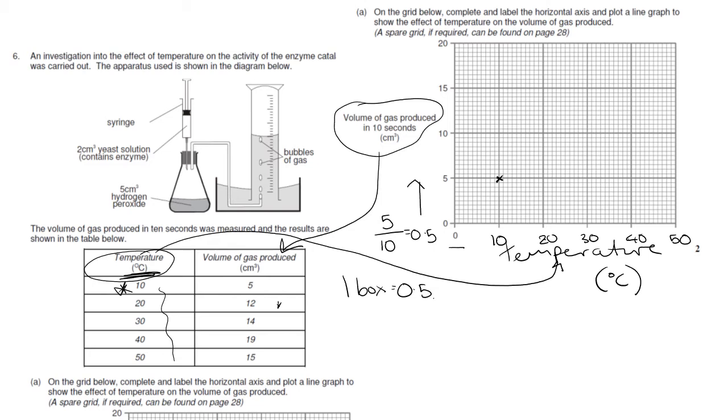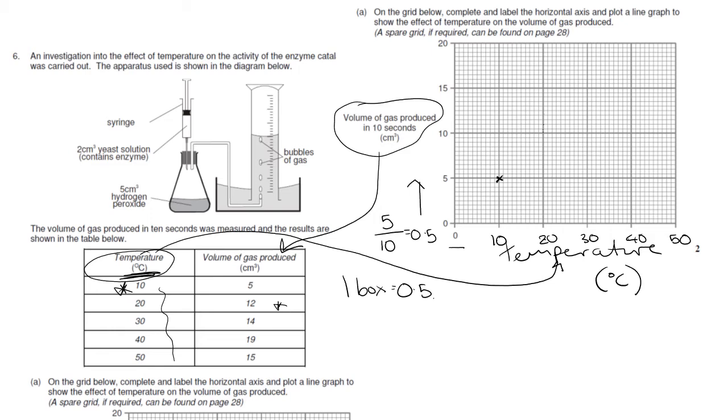20 degrees C, I want 12, so 20, I go up to 10. Now I have to remember that each box is not worth 1, each box is worth 0.5, so I need to go up 2 boxes, that's 11, and then another 2 boxes.